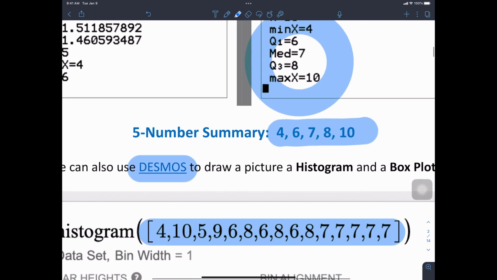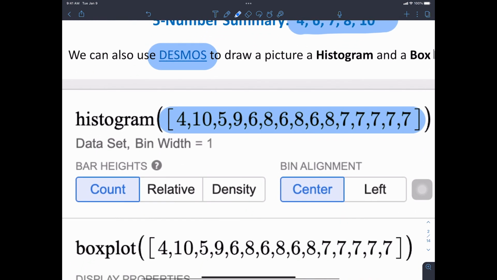So I put those data values in the histogram in Desmos. I put my bin width to be 1, and I said count is a frequency, by the way. And then I said, align the bin in the center. So I created a what? Histogram, because I want you guys to see how histograms and box plots are related.